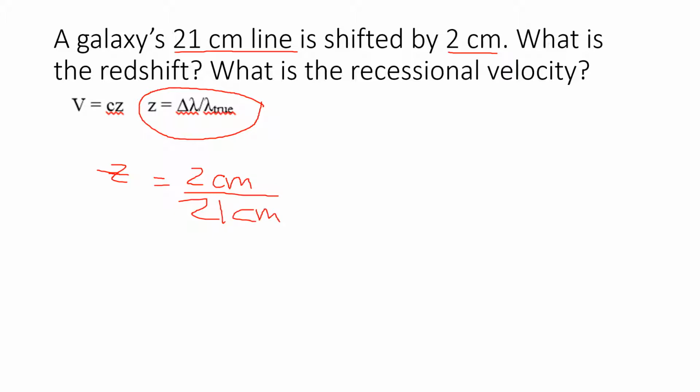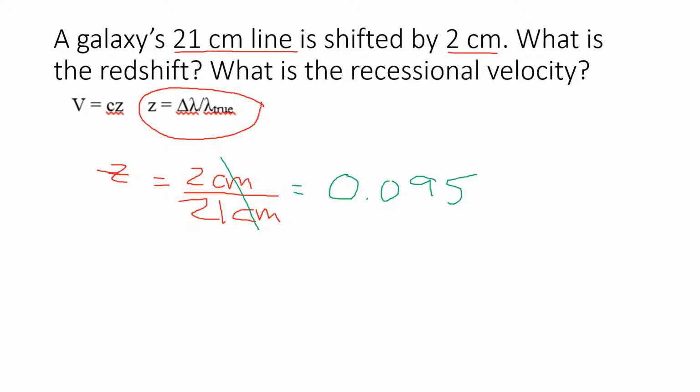Now you can see that the centimeters are going to cancel, so the redshift has no units, what we call dimensionless. And so z in this case is going to be equal to, if you divide it out, 0.095.